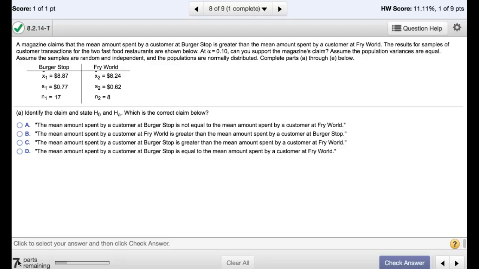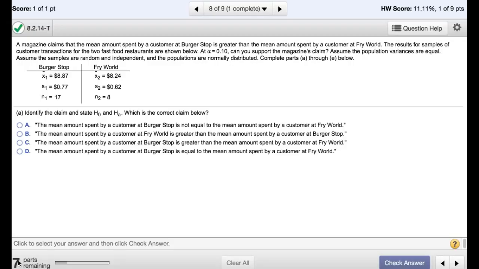In particular, we want to compare the populations of the people that go to Burger Stop and Fry World. In order to figure out whether we're going to reject this claim or not, we need to identify what our claim actually is and how that relates to what we call the null hypothesis and the alternative hypothesis.